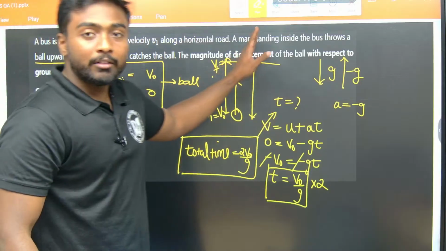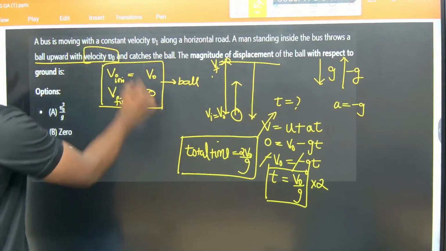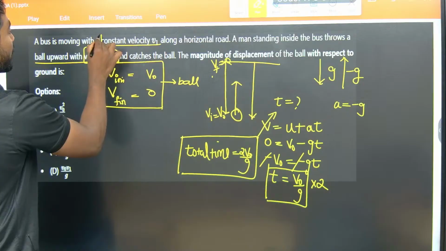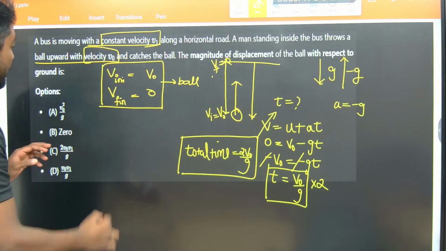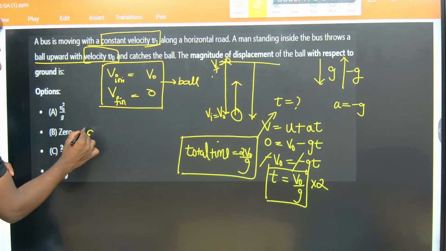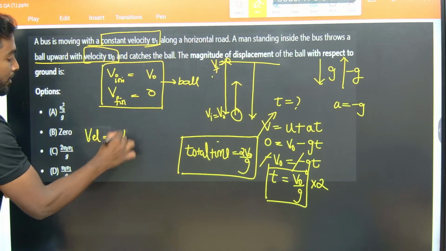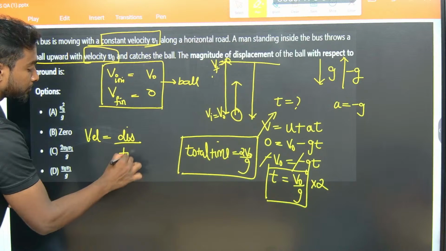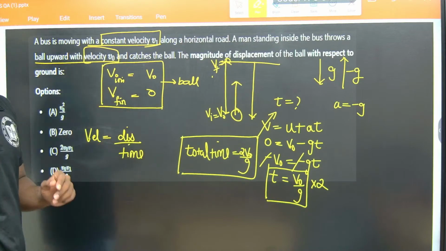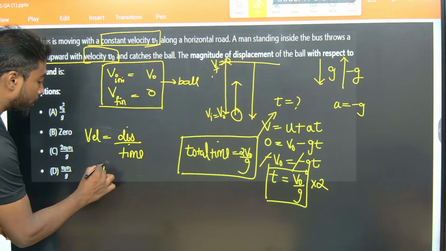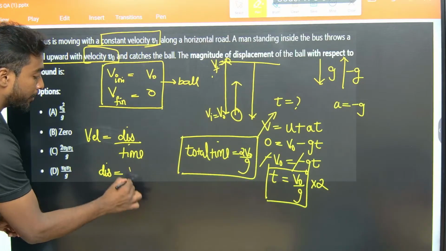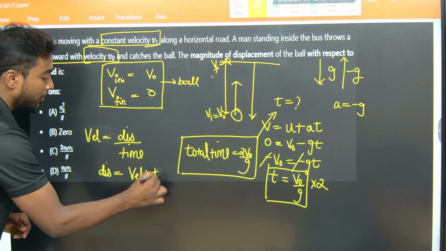They are asking about displacement. They have said the bus is moving with constant velocity v1, right? Velocity is equal to displacement by time. This is the equation we know. From this, displacement will be equal to velocity into time, right?